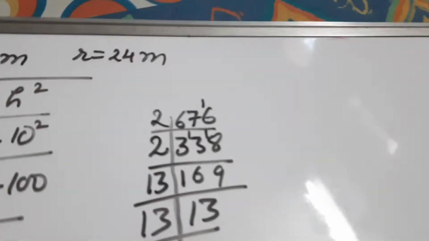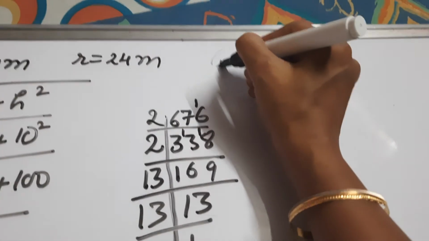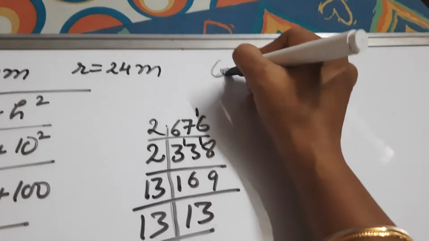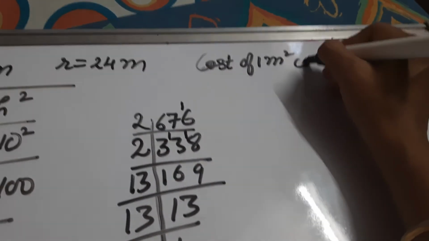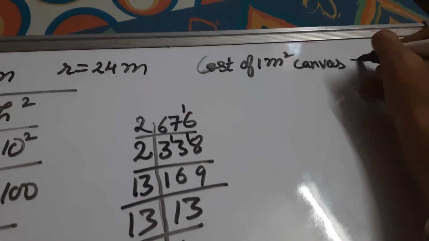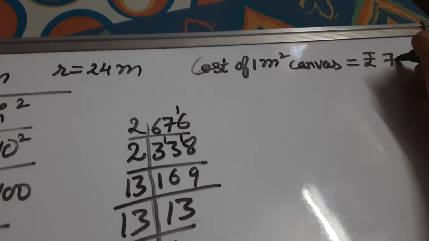Now dear students, we need to find out the cost. Now it is given to us in the question, cost of 1 meter square canvas is equal to rupees 70.